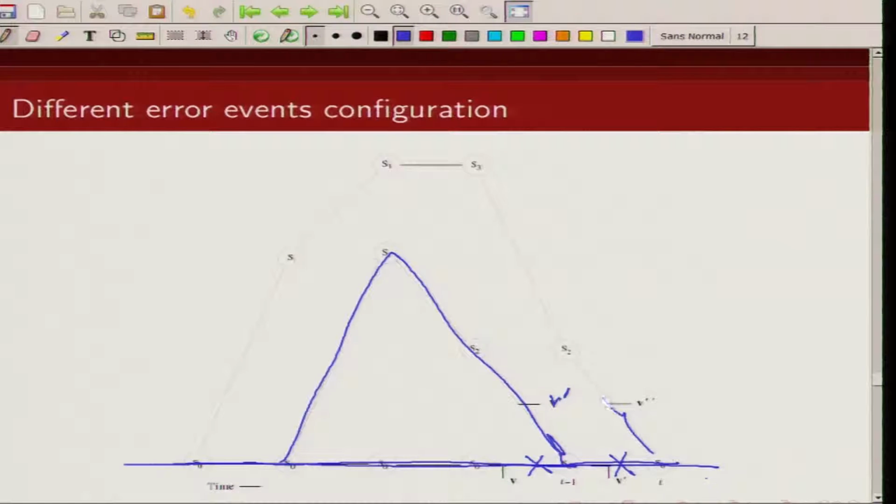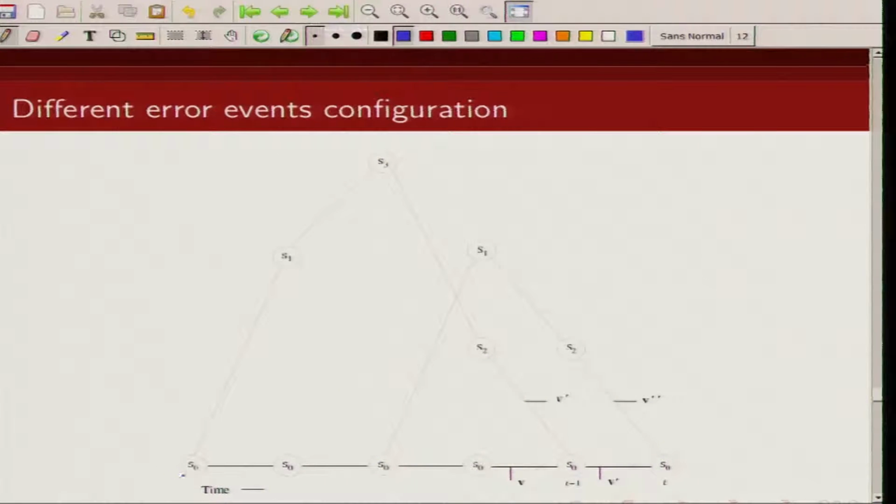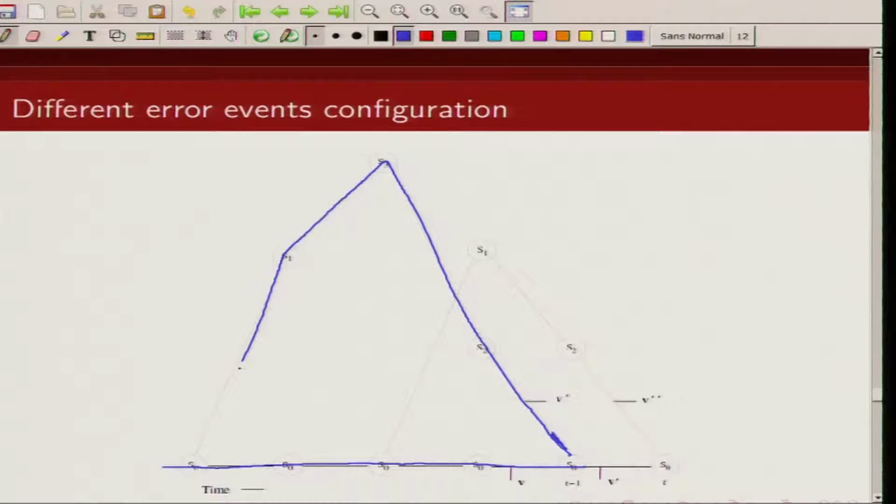So, you discarded this and you decided in favor of this. So, this is another way multiple error events can happen, or you could have a situation like this. You are at all 0 state, when you are at this particular instance, you notice this has a better metric. So, you decide in favor of this incorrect path, but then when you reached here, you noticed this path has a better metric.